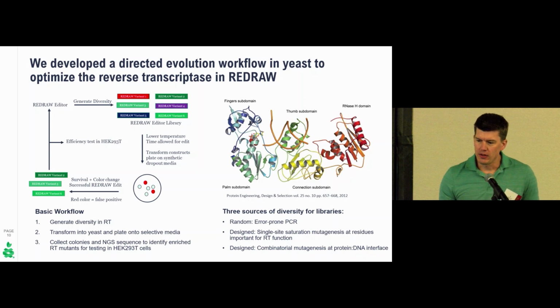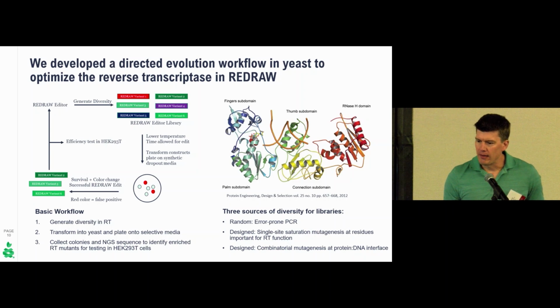You introduce that to a yeast strain that has a mutated gene that requires amino acid supplementation to grow, and you can expose that to a dropout media. Basically, you're requiring precise repair of that mutated gene from the redraw complex in order to get survival. So you're comparing the library at the end to the one that you started with, and you're looking for redraw variants that are enriched in the selection conditions.